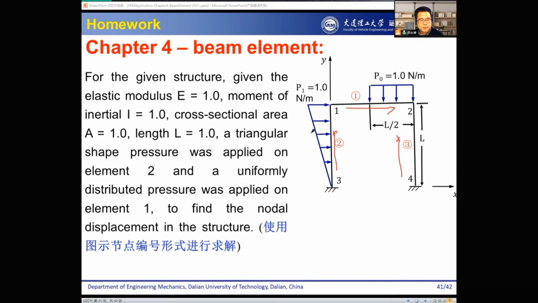For example, here we have a normally distributed force, and here we have a triangular distributed force, and we need to work out the equivalent force for these external forces. You can try yourself to solve this structure and find the node displacements in the structure.